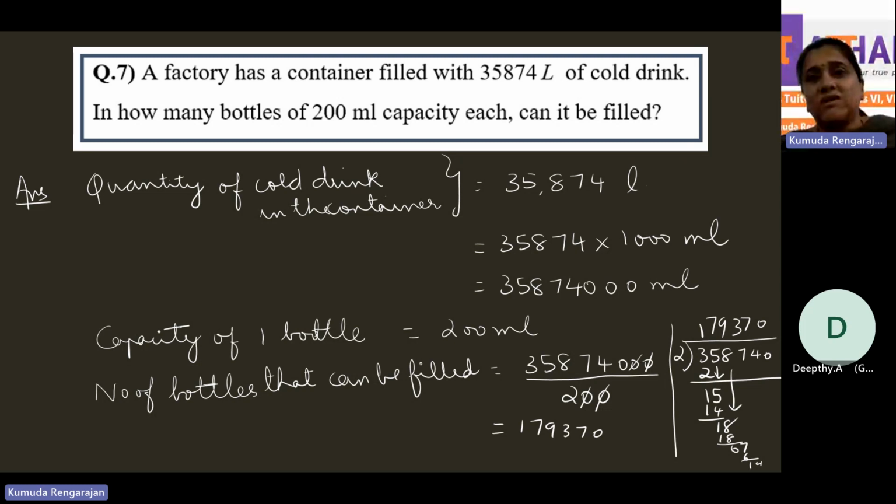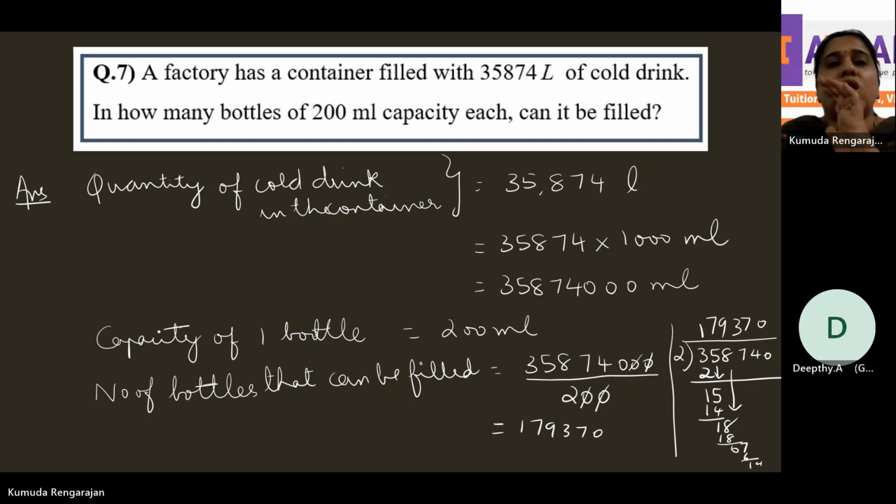So we always convert the larger unit to the smaller one. Which is the larger of the two? Liters, milliliters. Liter is larger. So we convert liters to milliliters by multiplying by 1000. Otherwise you will get a decimal value, 200 by 1000 is 0.2, and you have to divide the number by 0.2.